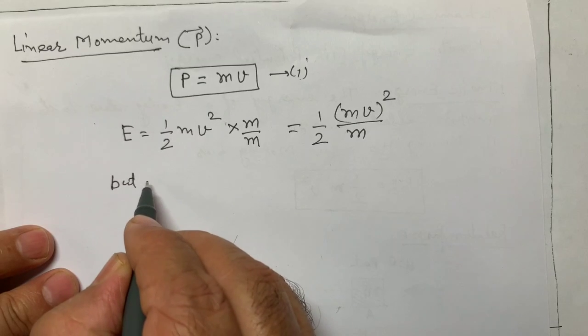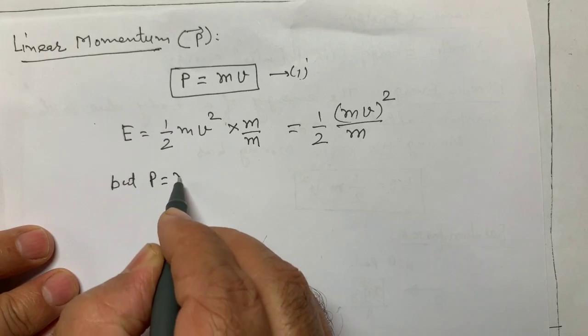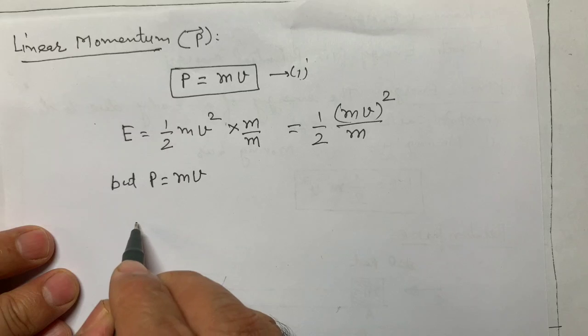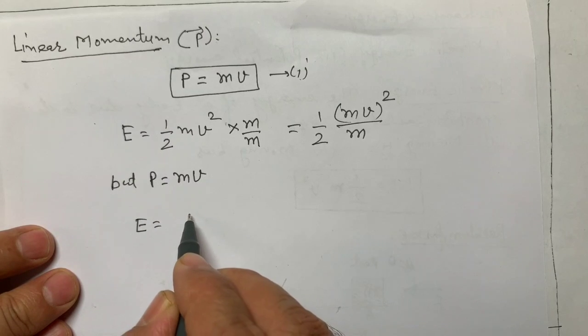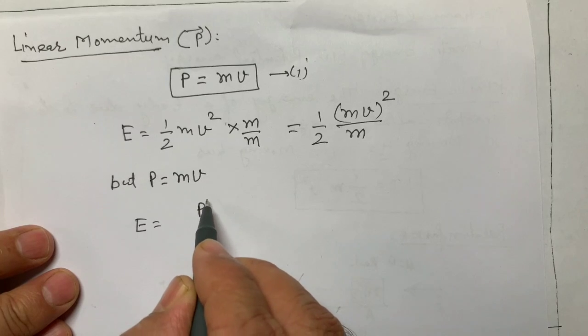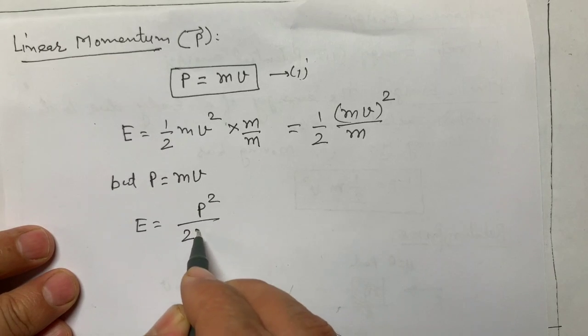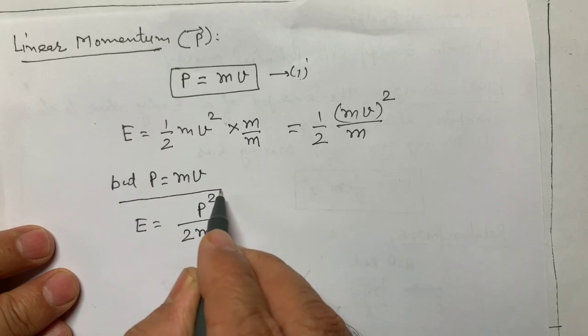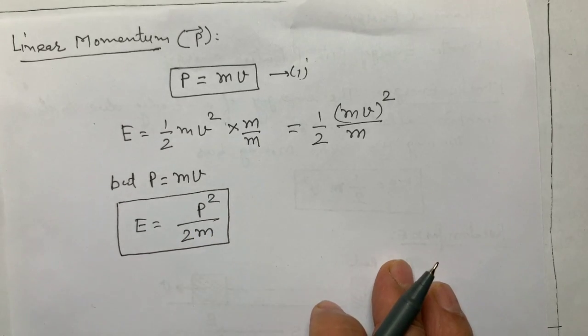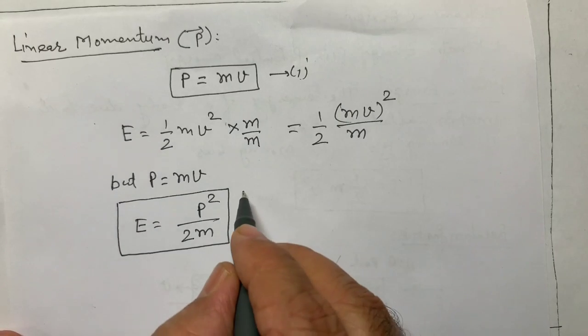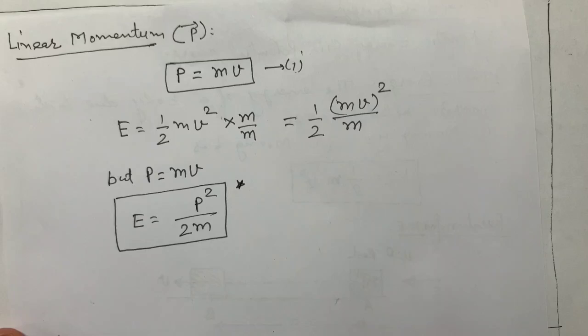But already known, momentum is equal to mass into velocity. So you get E is equal to m v, that is p, the whole square divided by 2m. So we can say that energy is always equal to p square by 2m. This is the relation between energy and momentum.